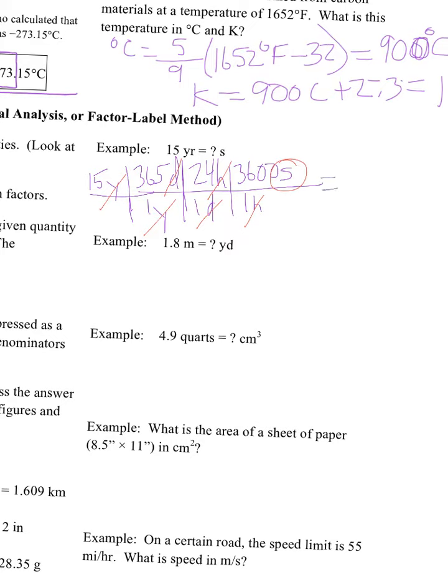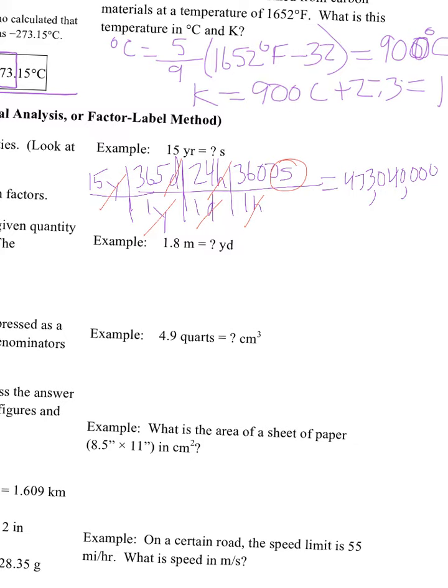Then I just plug that in the calculator, and I get 15 times 365 times 24 times 3,600 is something crazy. 473040000 seconds. Okay. There's that.